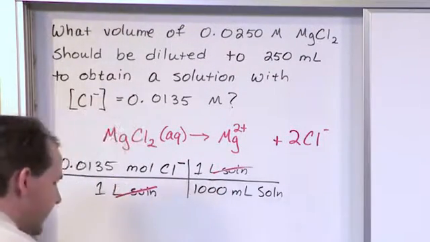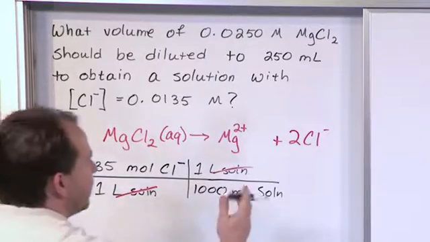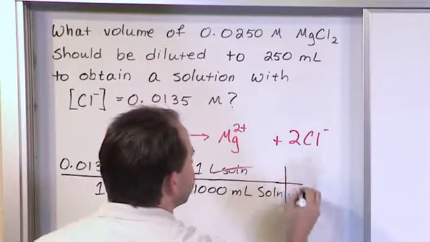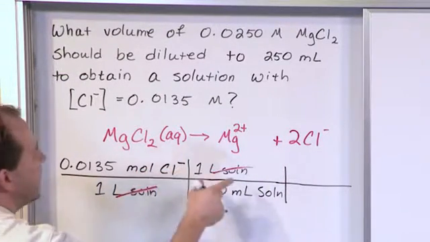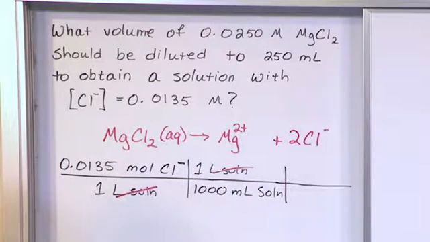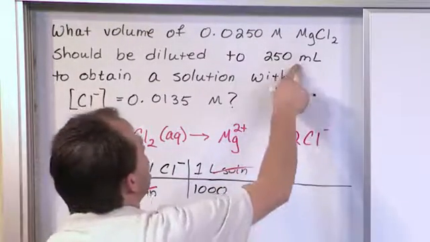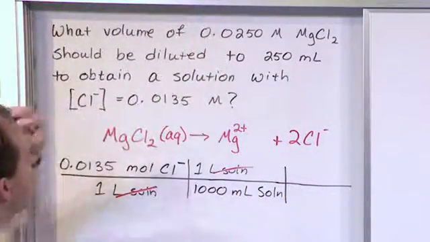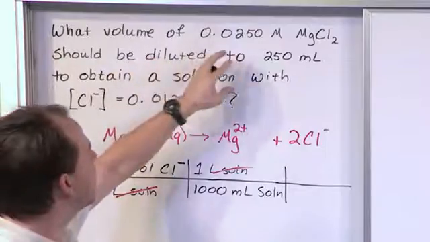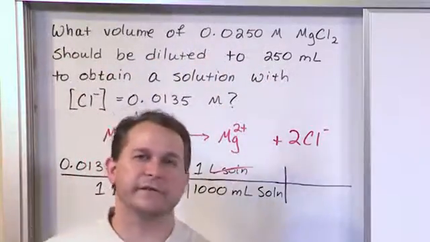All right? Now, let me ask you this. What do you think would happen if I stop the calculation here? All I know is the concentration, the moles per chlorine in every single milliliter of solution. Now, if I multiply by 250 milliliters, see what happens is, forget about the first part of the problem. I know what's going to happen is I'm going to dilute something. I'm going to have 250 milliliters of the solution.